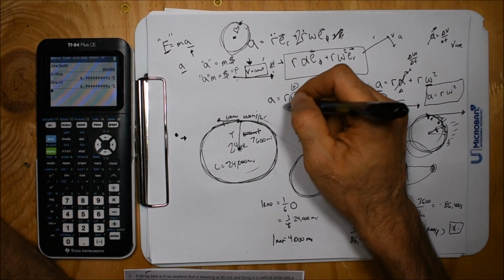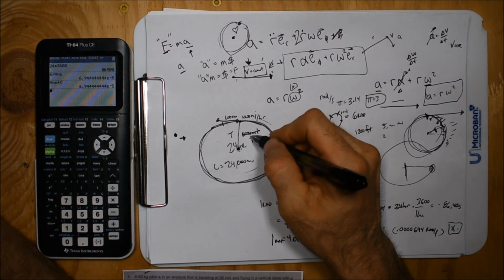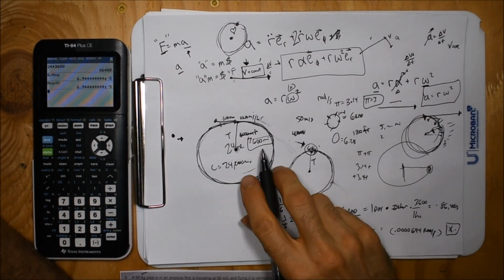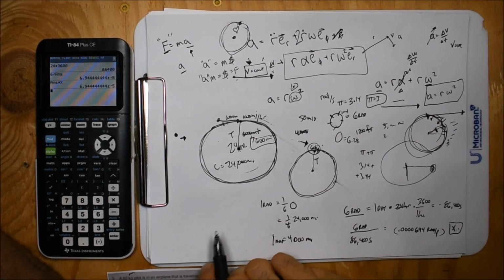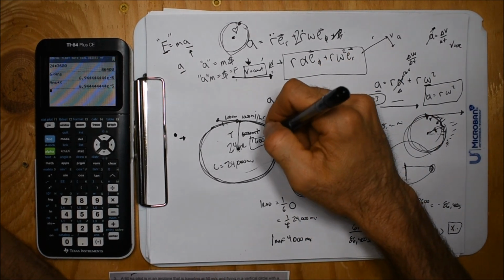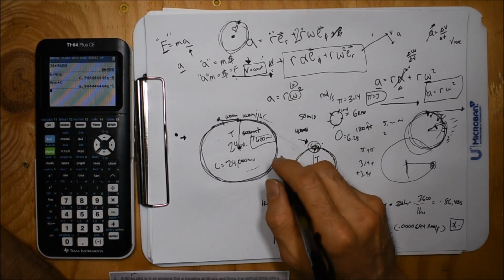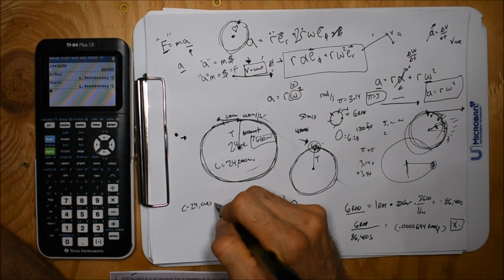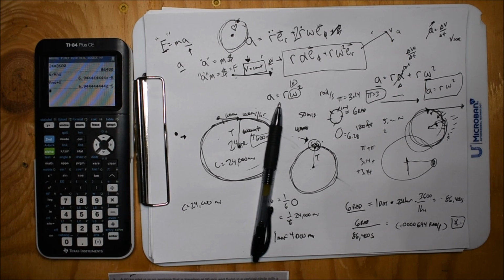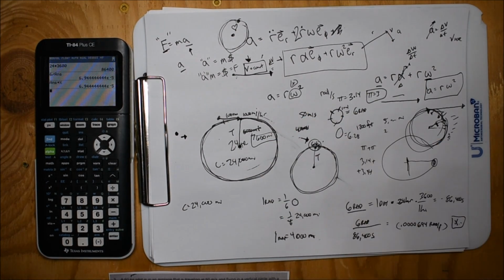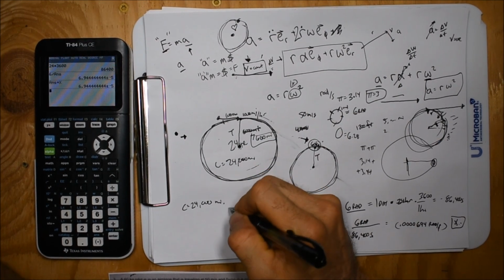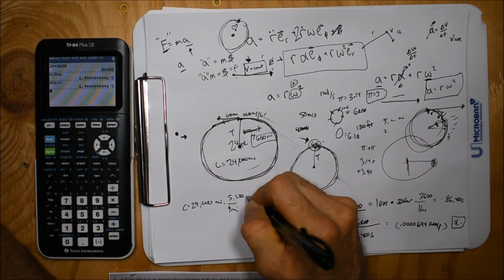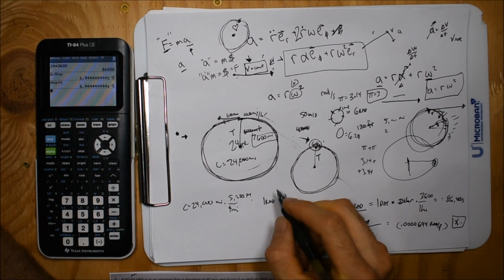That's x, and we know the radius. I just guessed 7,600 miles, but we need that in meters. So our circumference is 24,000 miles. Well, 1 mile is 5,280 feet. Whew.